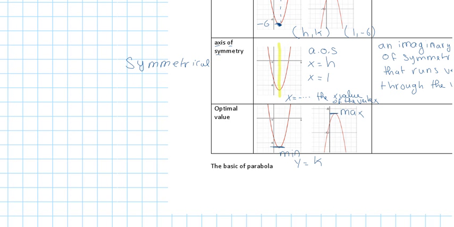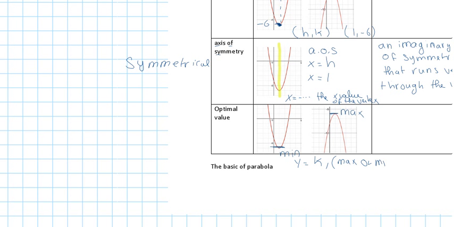So you're going to say y equals -6 and it's a minimum, or y equals -6 and it's a max. It depends if you have a graph opening up or opening down.